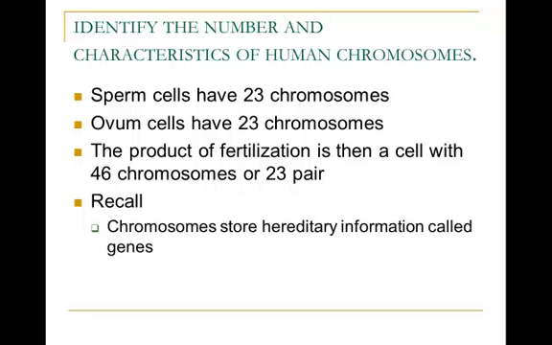So mom comes along, and she's going to bring 23 chromosomes in the egg, and dad's going to come along and bring 23 in his sperm, and collectively that new cell is going to have 46, which is the amount in all regular cells.